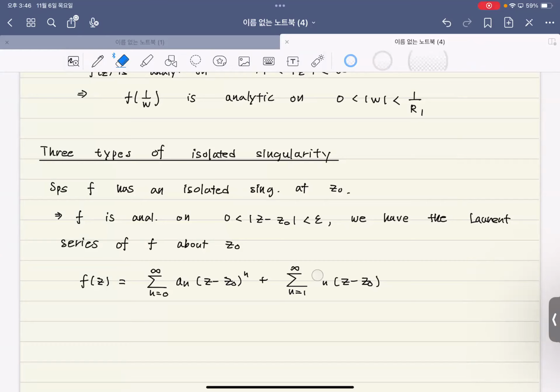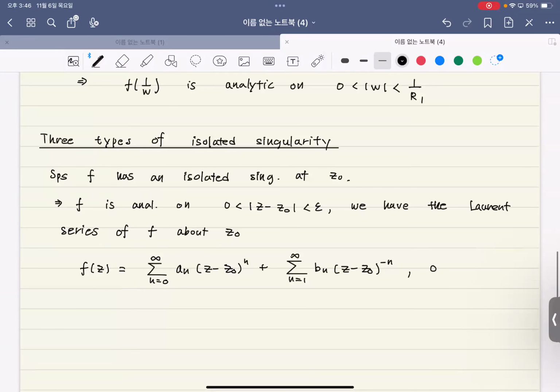Oh, sorry, that should be b_n, with z minus z0 to the minus n. And suppose that this is true on this annulus. In this case, the second term, which involves the negative powers of z minus z0, is called the principal part of f at z0.